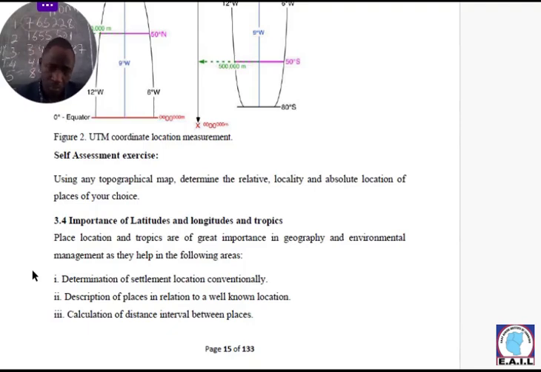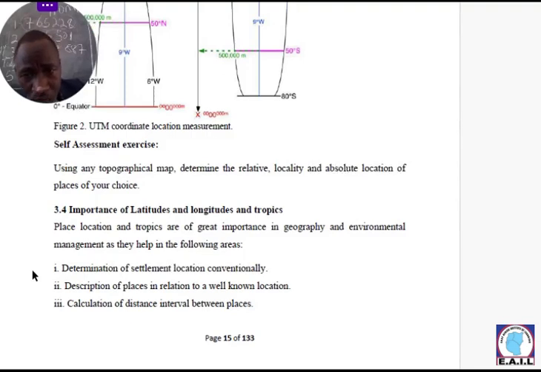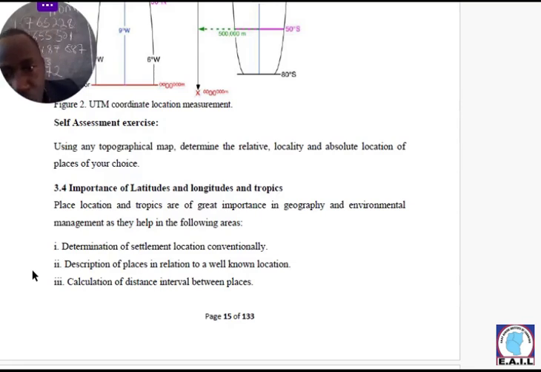Now, that is how we can describe places. We can describe places considering the relief or the appearance of the area in terms of steep, gentle, and also lowlands or flatlands, by the use of the contours or by the use of the Universal Transverse Mercator location measurements.